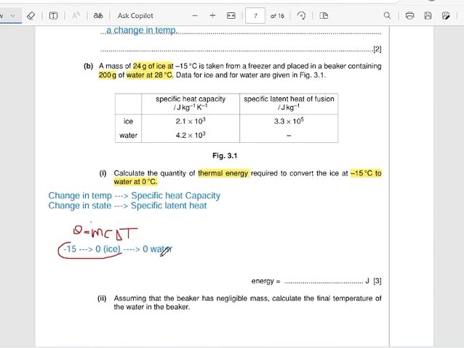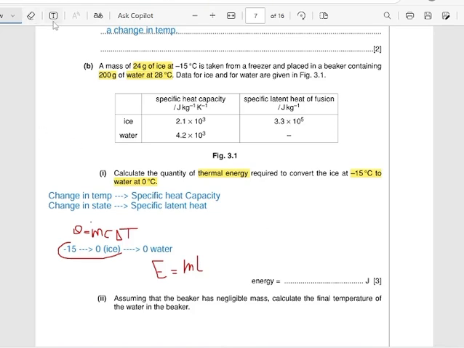So we have to use specific latent heat of fusion, so that has to be E is equal to m into L.